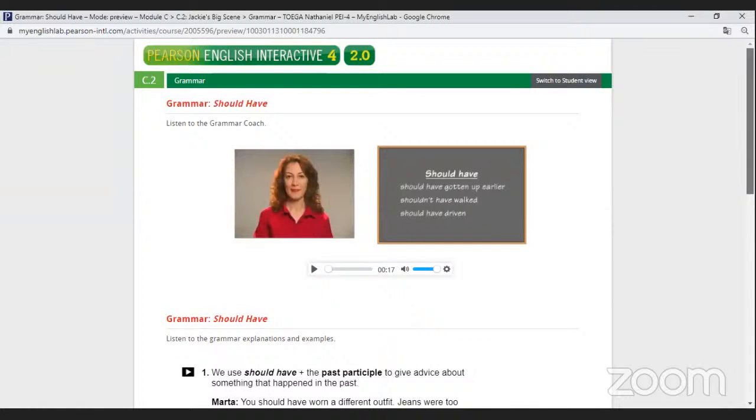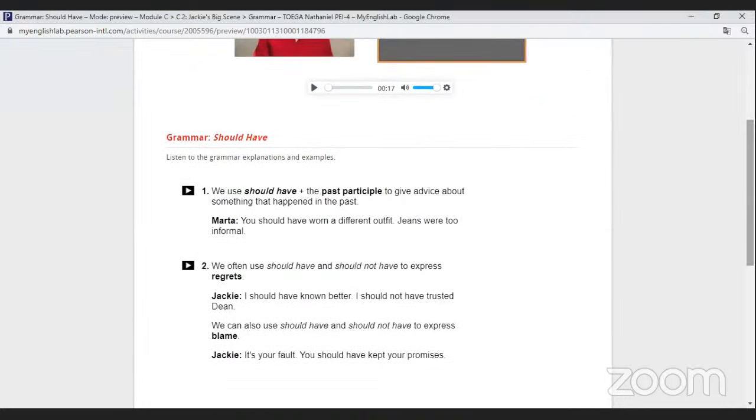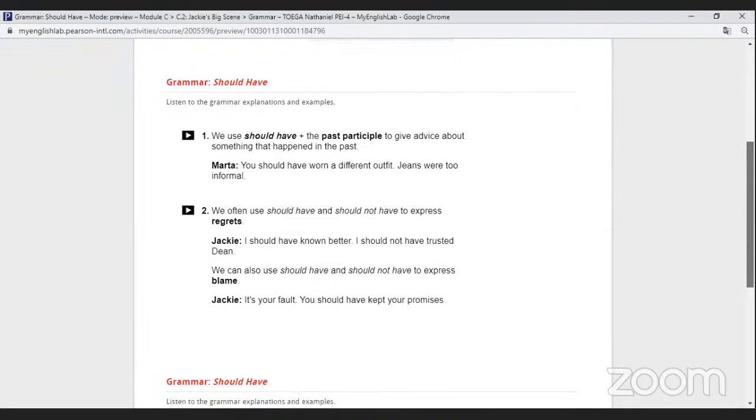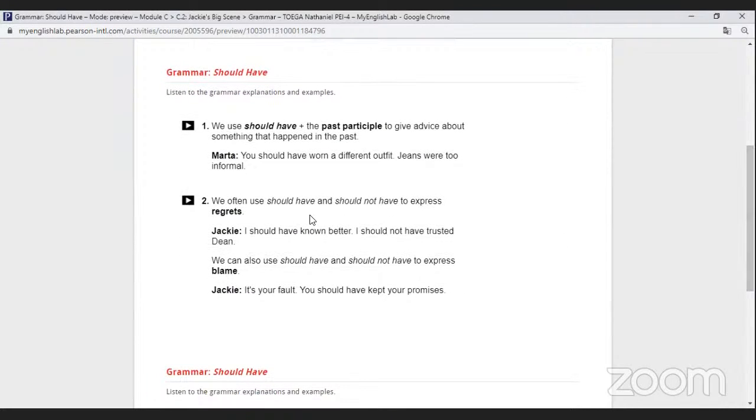Okay, should have. In this case, number one, we use should have plus the past participle to give advice about something that happened in the past, right? It's gonna be about past advice.